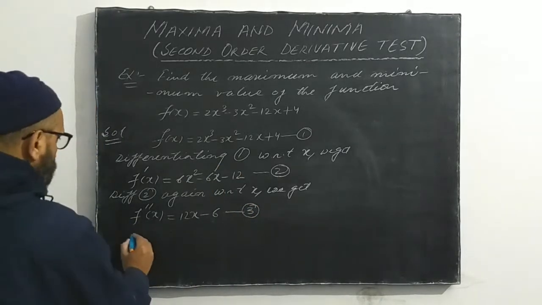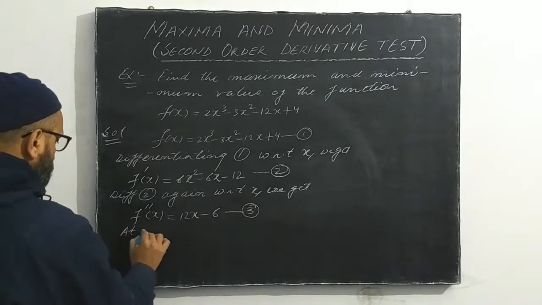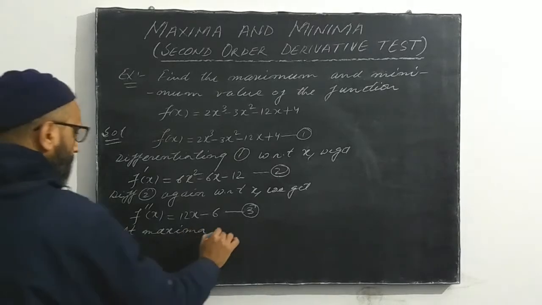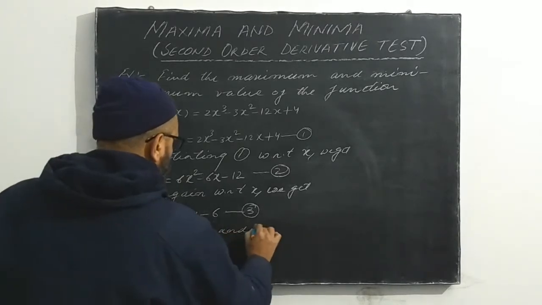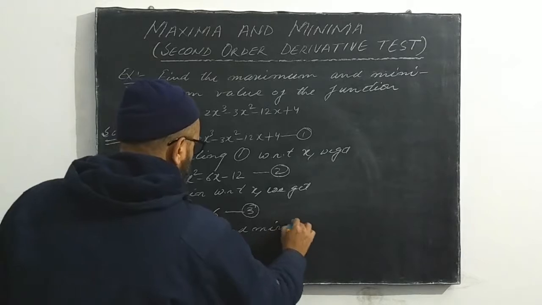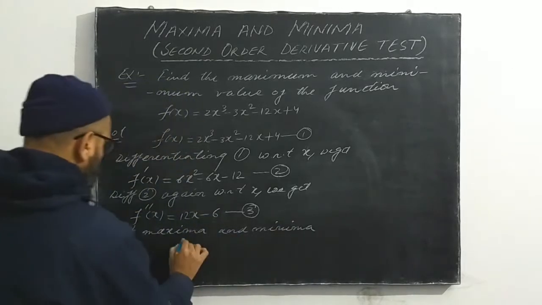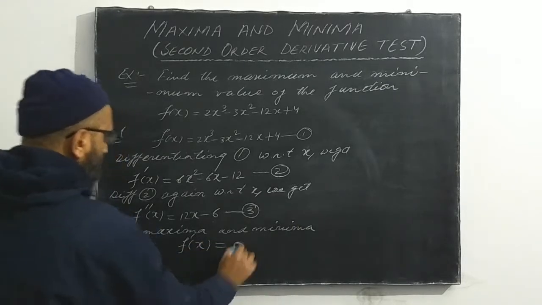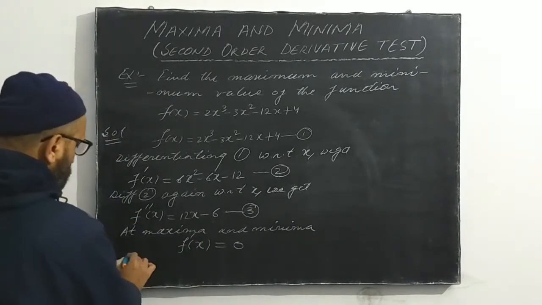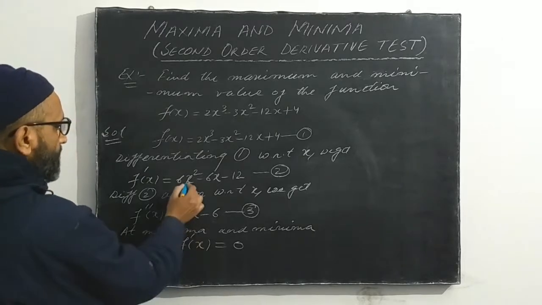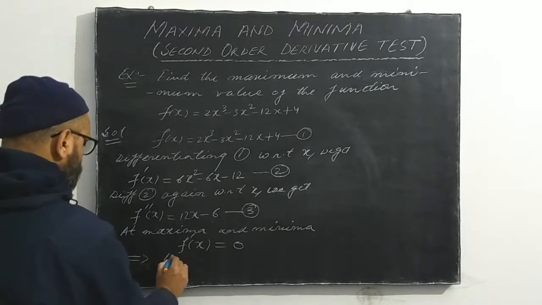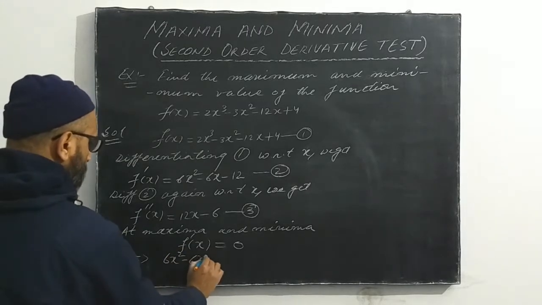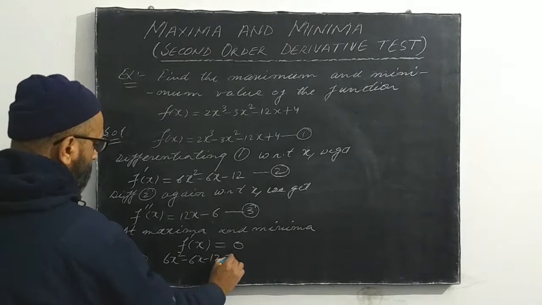According to second order derivative test, at maxima and minima, first derivative of the function is always equal to 0. So it implies that putting the value of f dash x from equation number 2, we get 6x square minus 6x minus 12 is equal to 0.